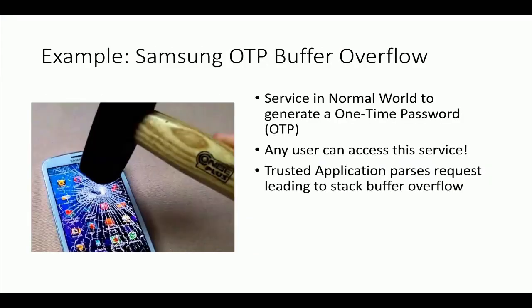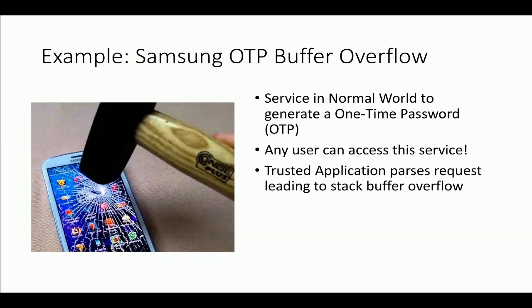Another one, which it turns out there's a lot of pictures online of people smashing Samsung phones if you do a Google image search, but it wasn't a Samsung phone. It was a one-time password buffer overflow. The Samsung Knox security tools had this feature where you could generate one-time passwords. Any user was able to access the service on Android.